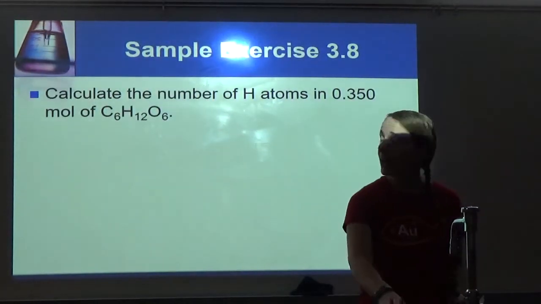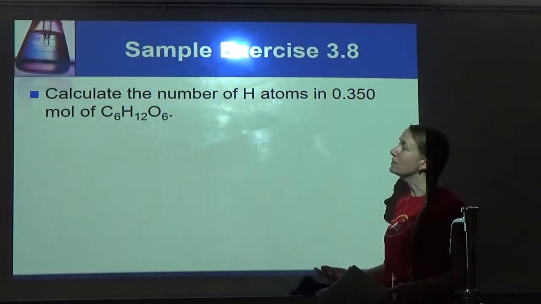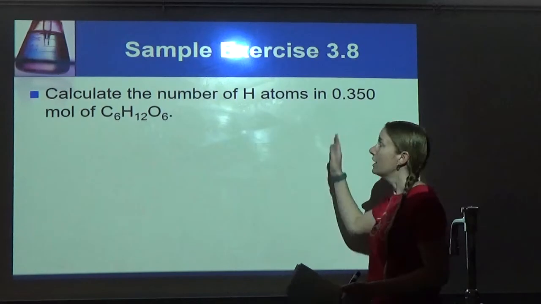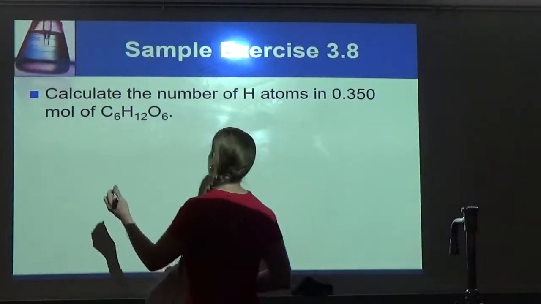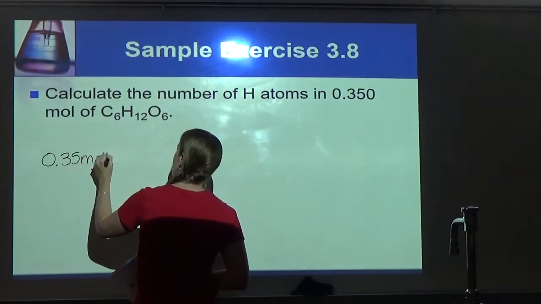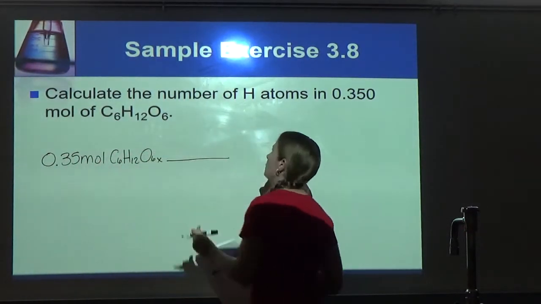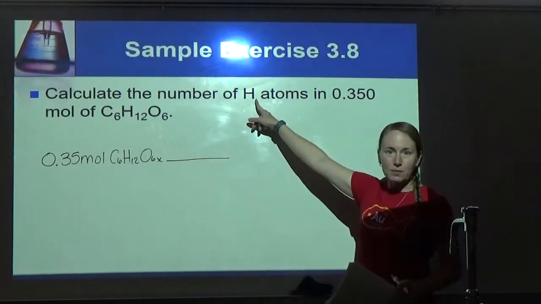Alright, so it says calculate the number of hydrogen atoms in 0.35 moles of C6H12O6. As always, we start with what we know. We have 0.35 moles of C6H12O6. I'm trying to get to hydrogen atoms.